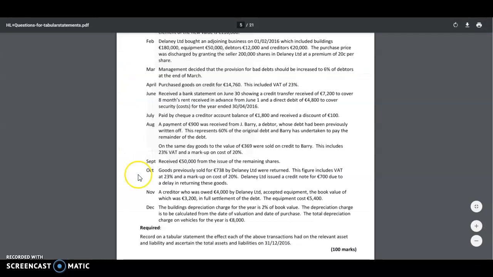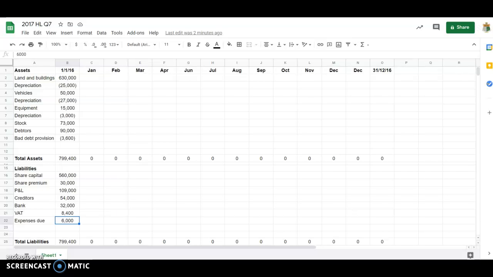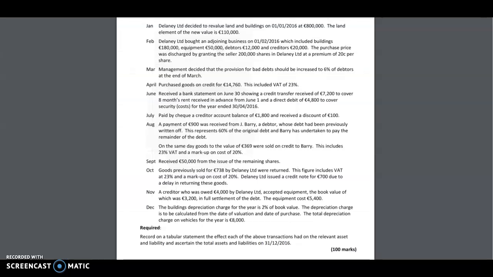You will have a transaction for December, and then there's often something where you'll have to close an account or deal with a prepayment or an accrual or something like that. So that's why I've put in 2 headings for December, and then just the total at the end of the year, the 31st of December 16. That's copying down from the balance sheet in the question, so we'll start getting into the transactions.